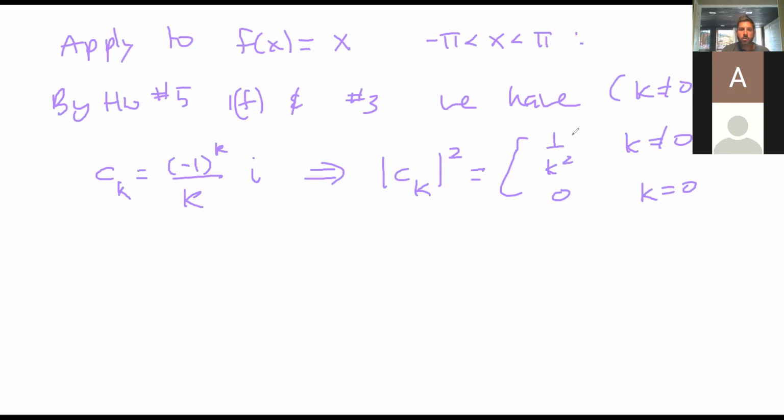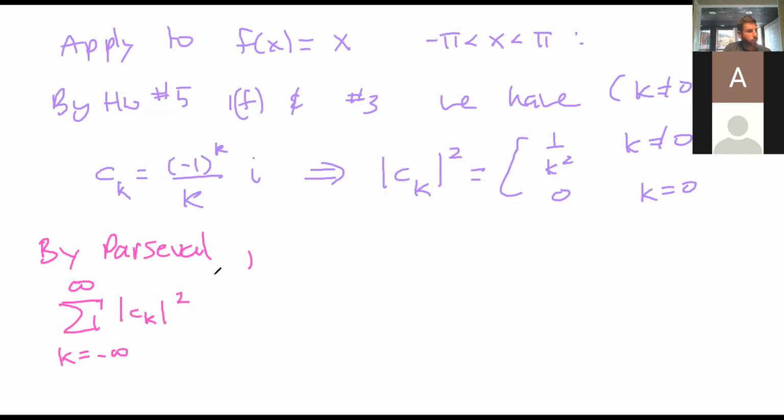So what does this Parseval identity mean? By Parseval, you have the sum, k goes from -infinity to infinity. That might be new notation for some of you, so bear with it for a second. What is this equal to? Well, this is equal to this sum from -infinity to infinity.